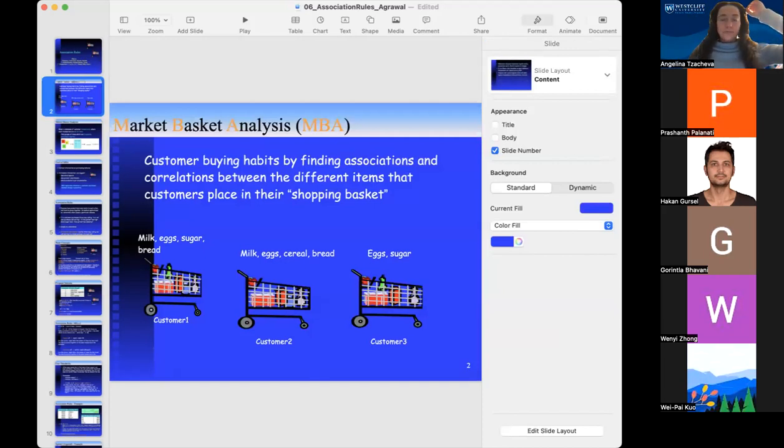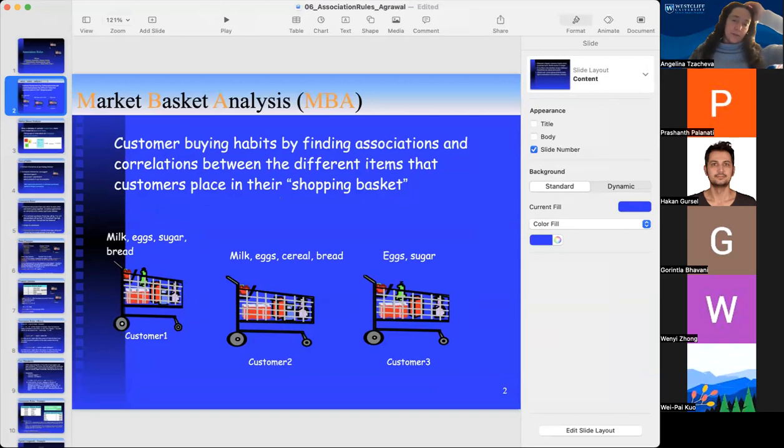So why is this getting recorded in the database? Because this is important information for the grocery store. We could come back later and analyze this data. This is called market basket analysis.